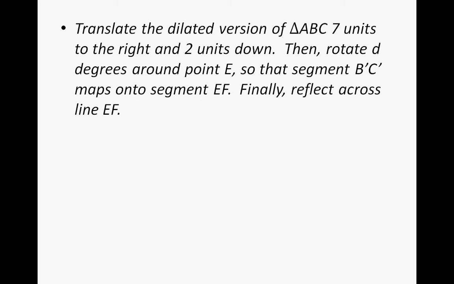Then you're going to have to rotate it d degrees around point E, okay, because our points are matching up, so that segment B prime C prime maps onto segment EF. This should sound familiar from our last unit. Finally, reflect across the line EF. So if that doesn't make sense, write it out or check it in your drawing and see that that doesn't work.